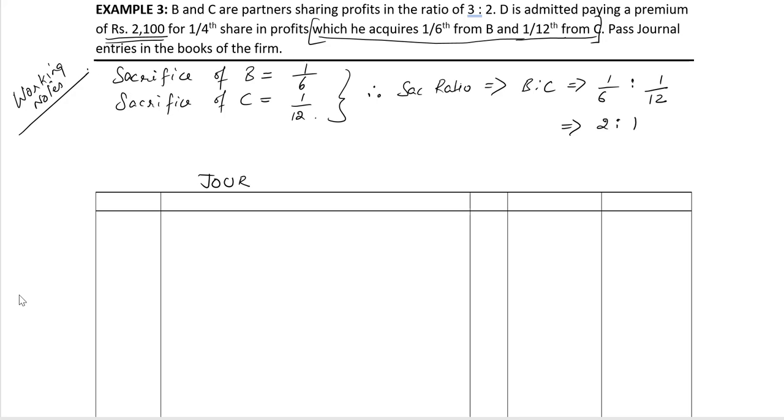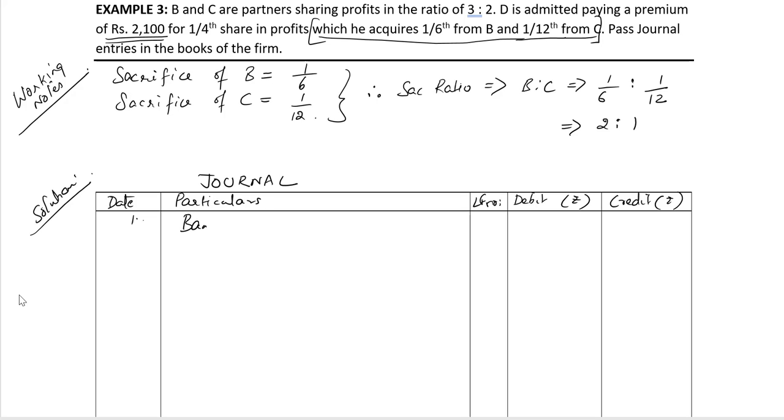So let's solve the problem. Journal, solution. Date, particulars, LF number, debit rupees and credit rupees.